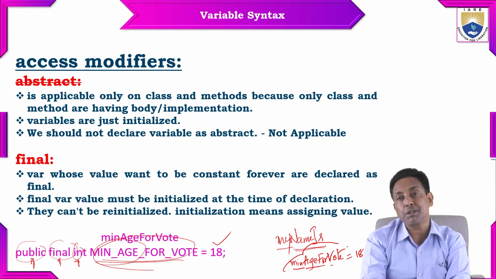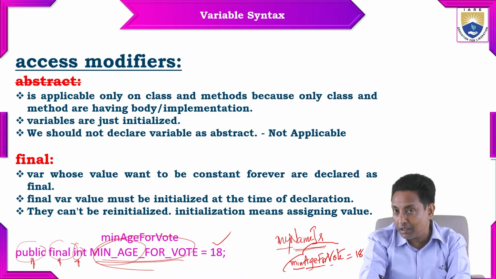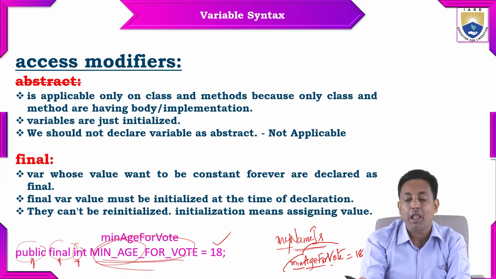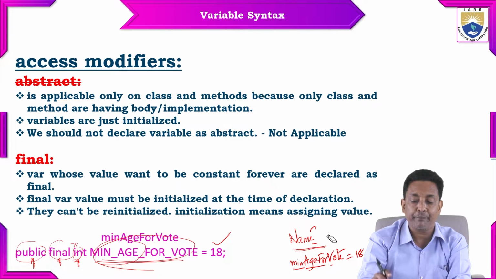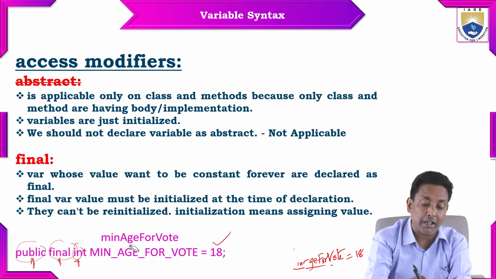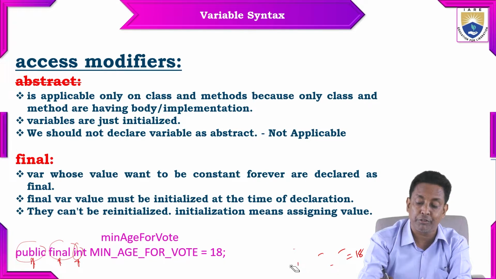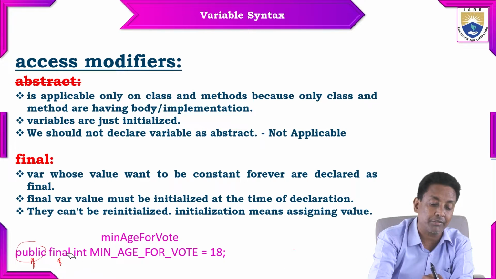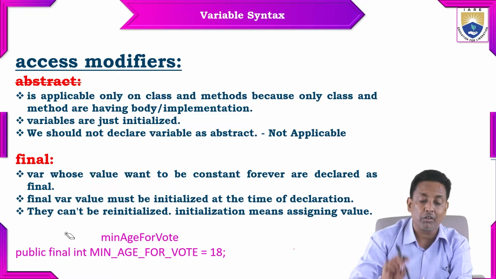This type of convention must be followed both for variable declarations and for methods, but not for constant variables. I don't say constant variables must be written like this, but in order to recognize, if you see any variable in a class, you must immediately recognize whether the variable is a constant or not.